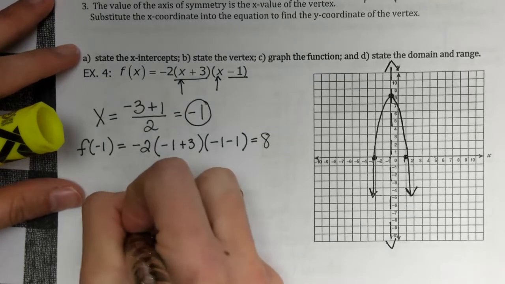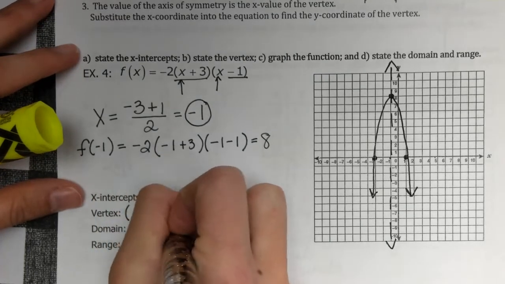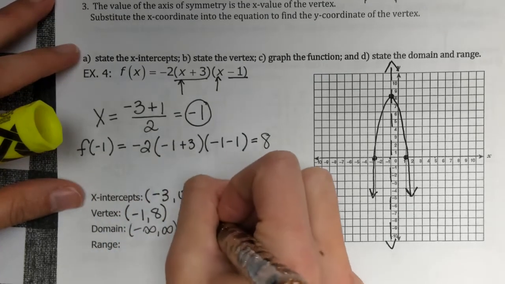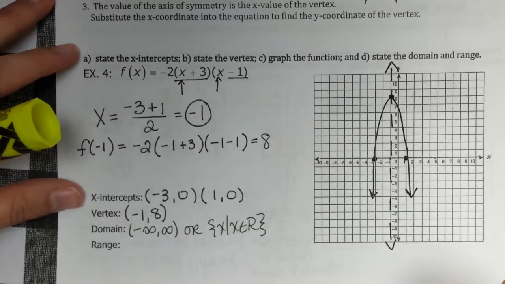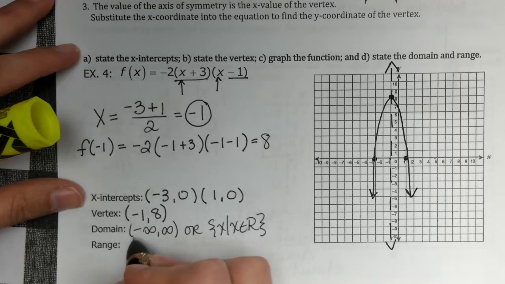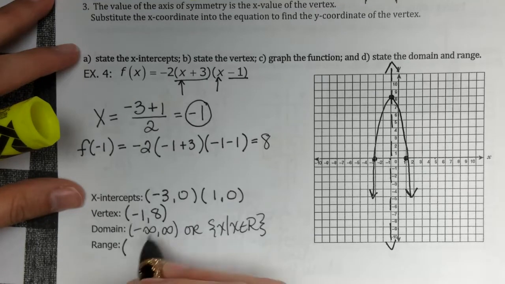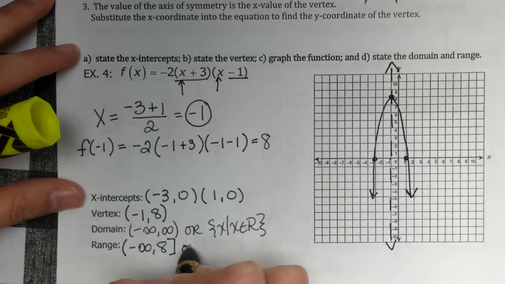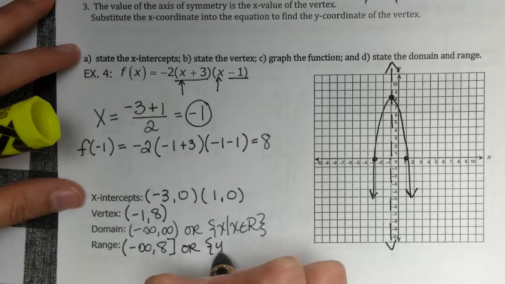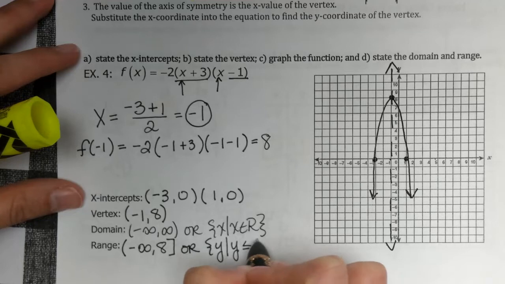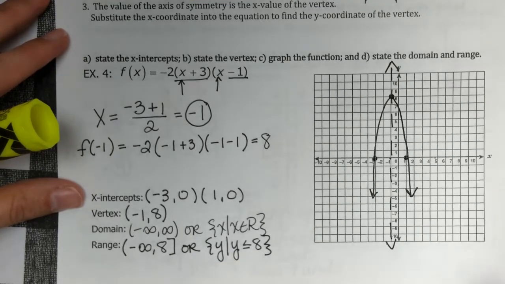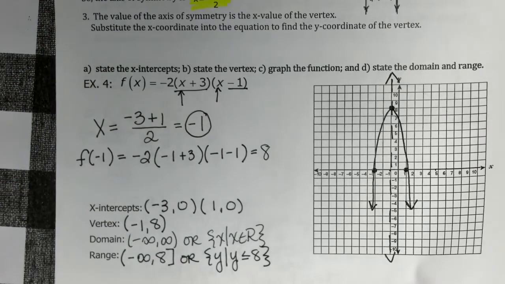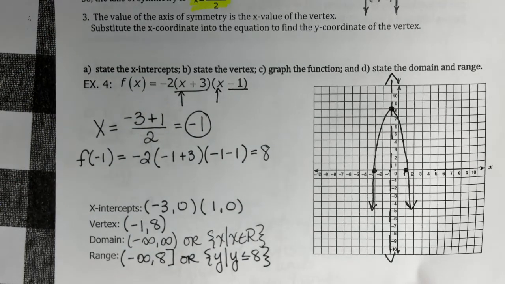Okay, domain does not change, negative infinity to positive infinity, or all real numbers. My range is going to be what? Or if you're doing set builder, y is less than or equal to 8. Are y'all good with that?